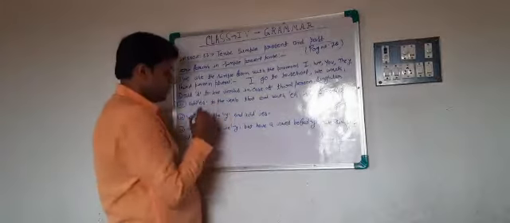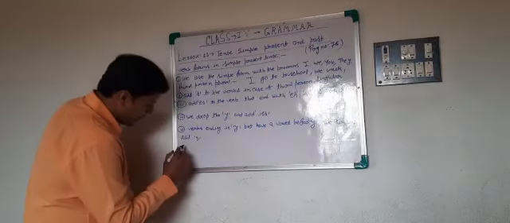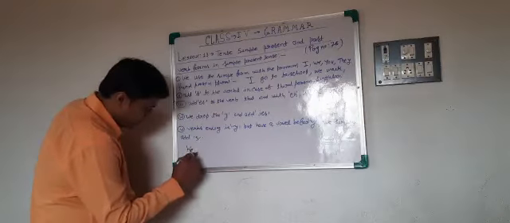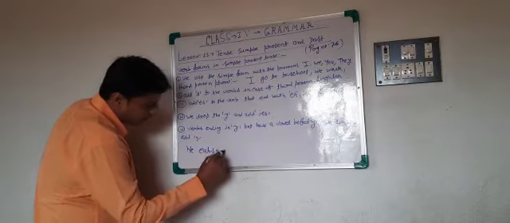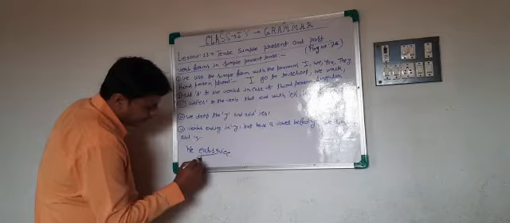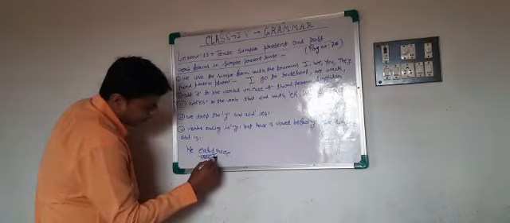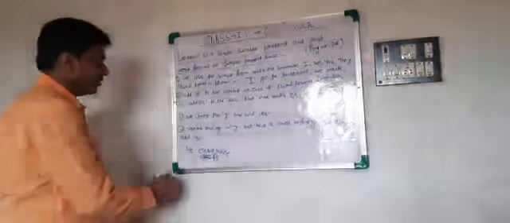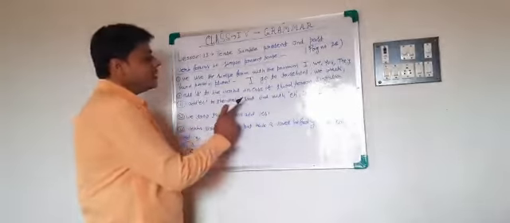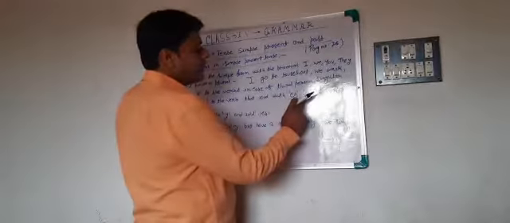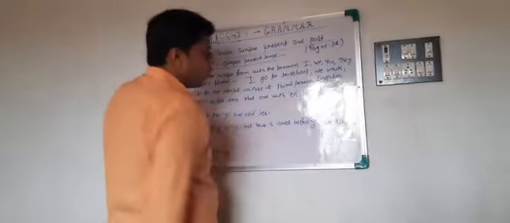Like, for example, now here I am writing the example: he eats rice. Okay. We add s, verb plus s. We add s to the verbs because he is third person singular. We add es to the verbs that end with ch, sh, x and o.